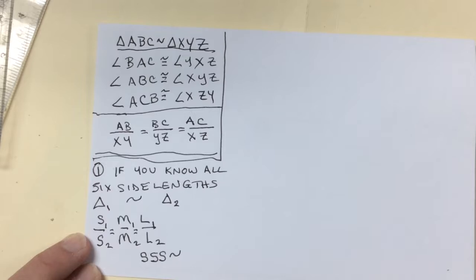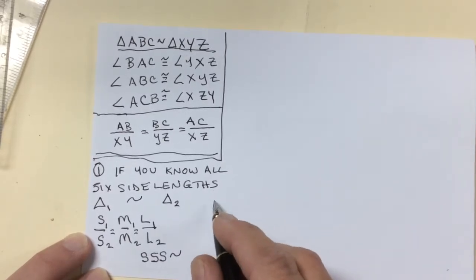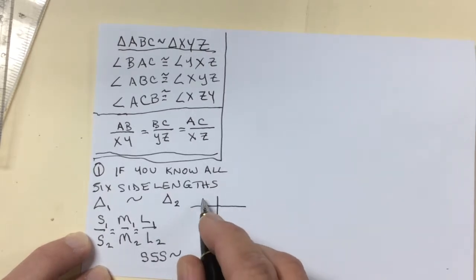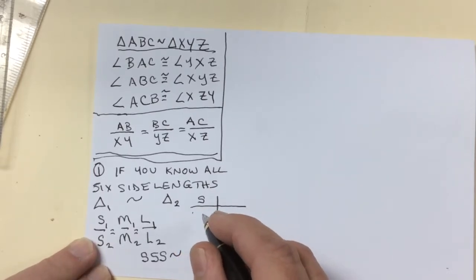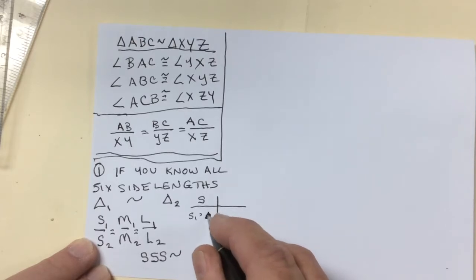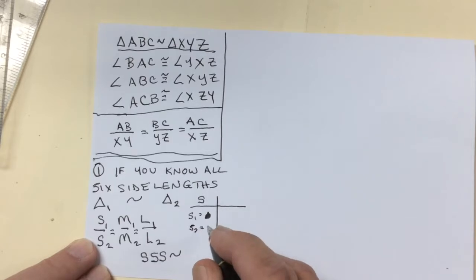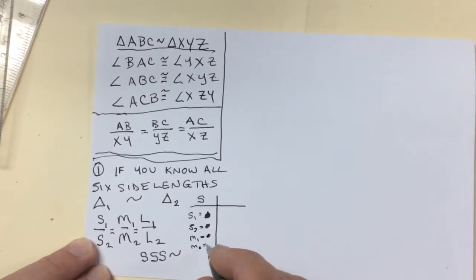But what do I have to put in the proof? Well, in order to make that proof, I have to make the statement that side 1 is equal to this, side 2, or the small one on the second one, is equal to this, side 3 is equal to this, side 4 is equal to this.